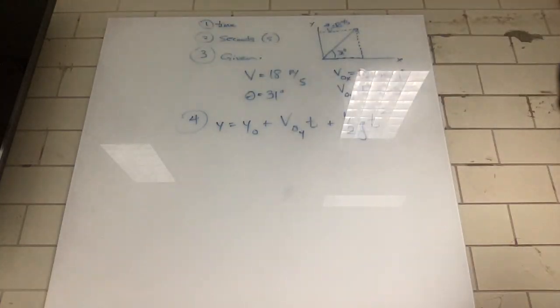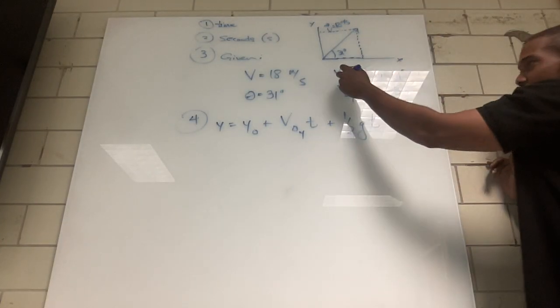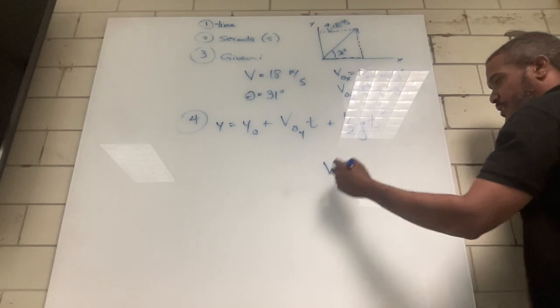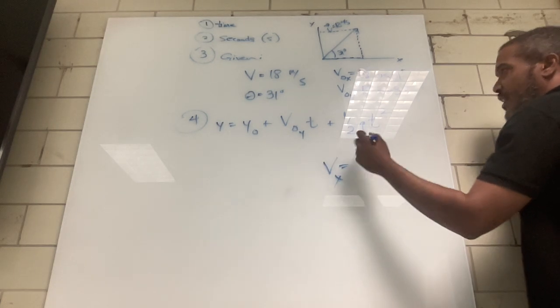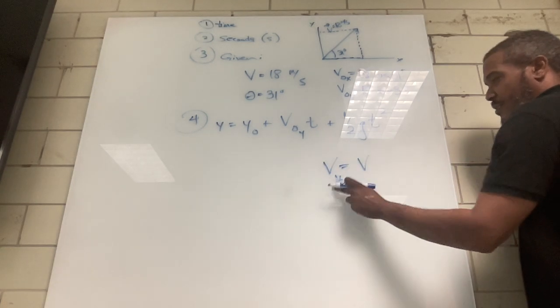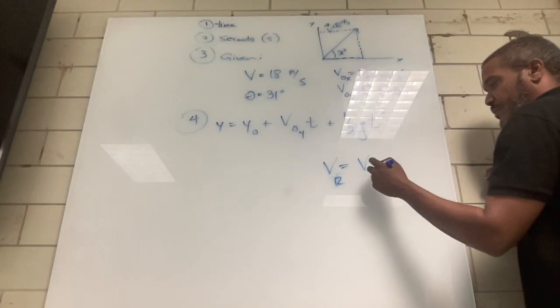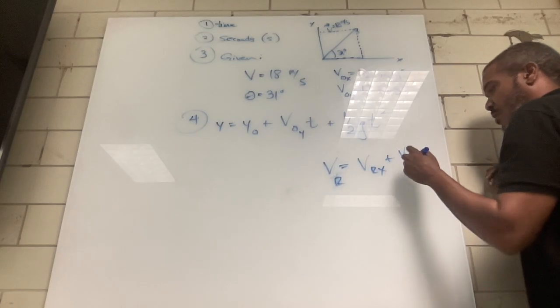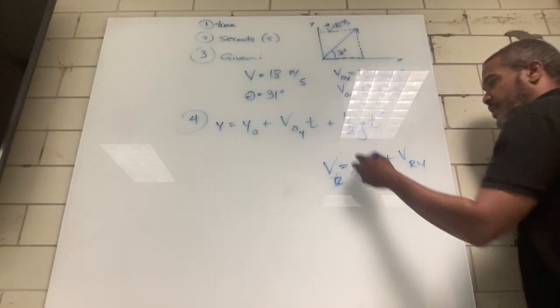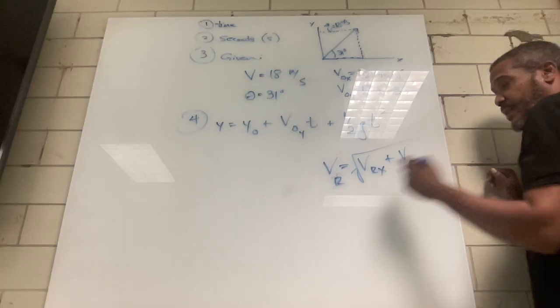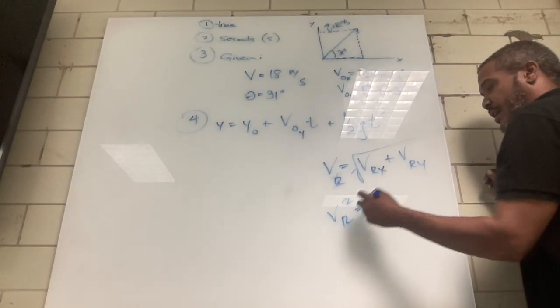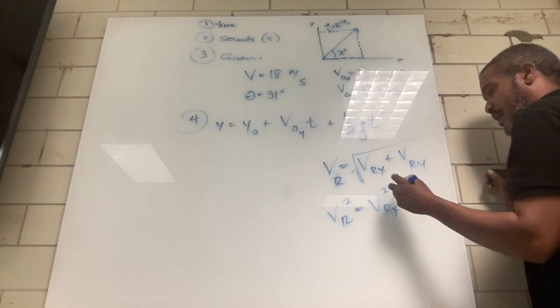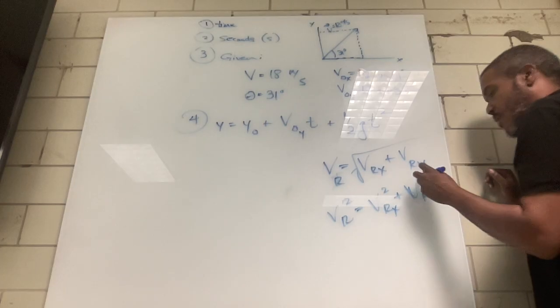If I go backwards and take these, V0 in the x and V0 in the y, that comes from V squared equals Vx squared plus Vy squared.